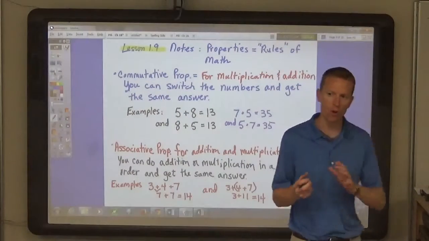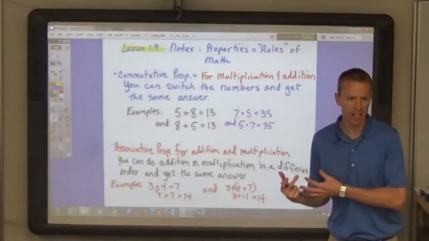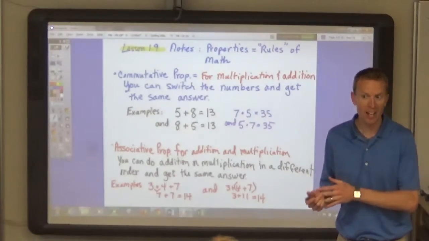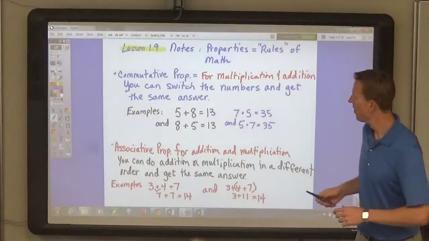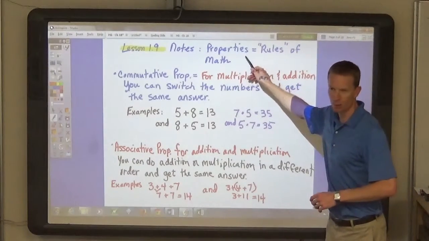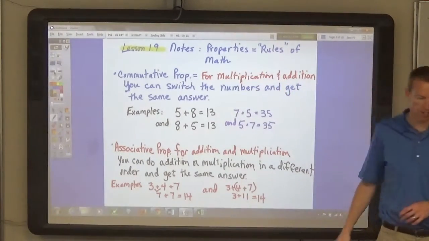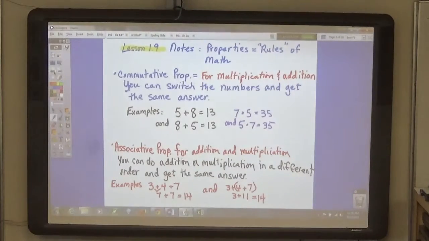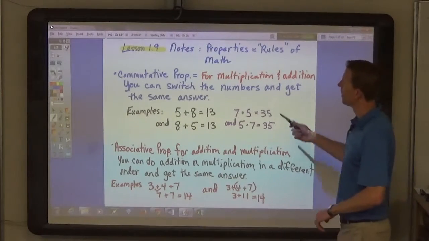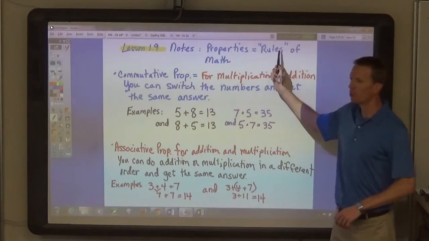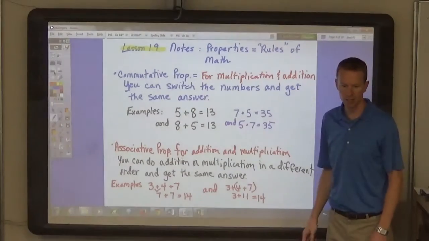Kind of like if you know and understand the rules of a game, then you're a better player, because you can use those rules to your advantage. And that's what we're doing with properties of numbers. We're using these properties to help us solve problems easier. So, that's what this is about. It's rules of math. Okay?